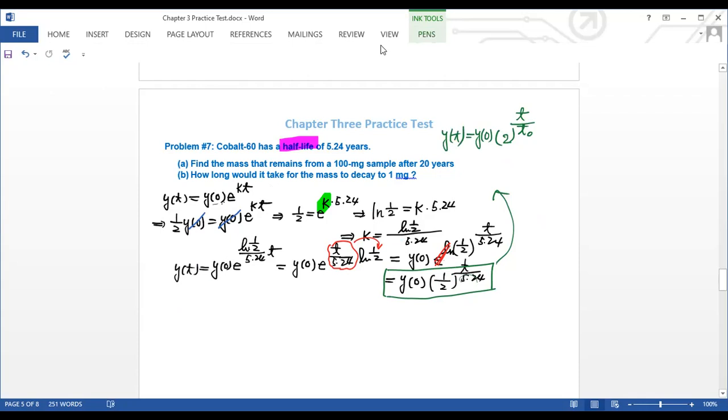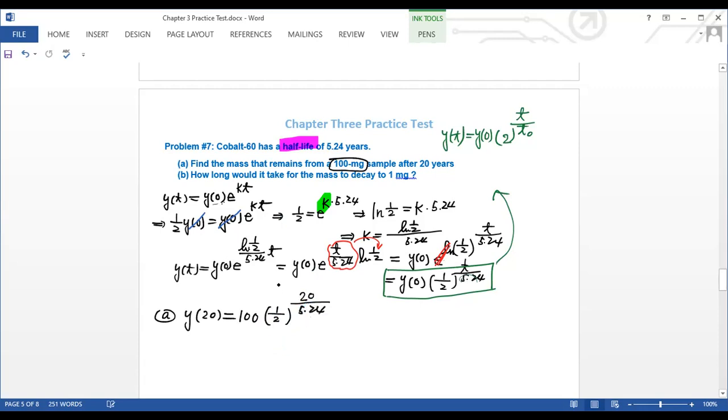Now for part A, they say find the mass remaining. Right now my initial amount is 100 milligrams, and I'm looking for how much I have left after 20 years. So my initial value is 100, times 1/2 to the power of t over 5.24, where t is 20 years.